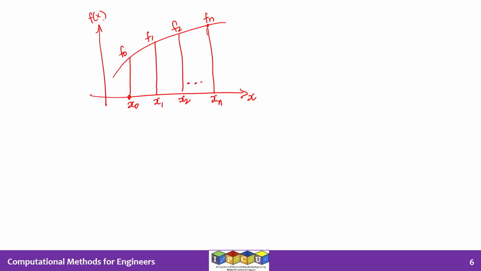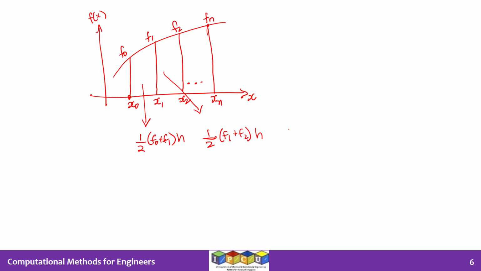This is a sketch of the function f of x. I'm showing 4 of the n plus 1 data points. So this trapezium is going to have an area half (f0 plus f1) times h. This trapezium is going to have an area half (f1 plus f2) times h.